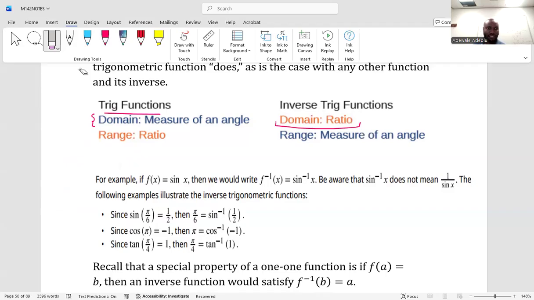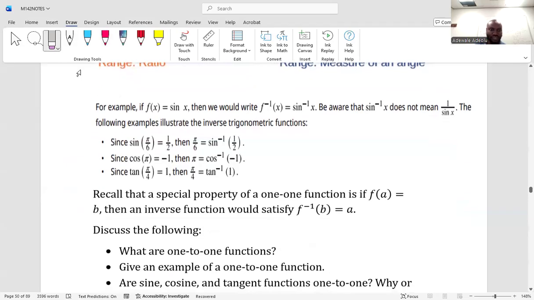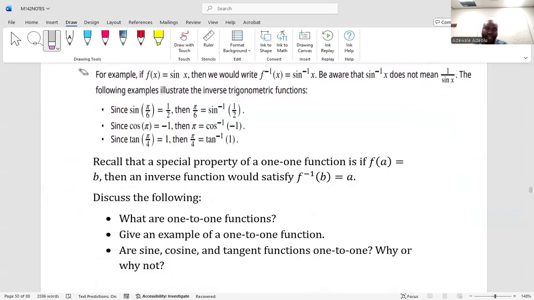Moving on. For example, quickly, if f of x is sine of x, then we would write that the inverse of f is this. Please take note of how we write this. Inverse of that function will be, we write it this way, sine inverse of x, or whatever our angle is.